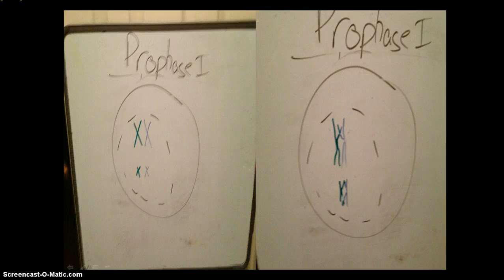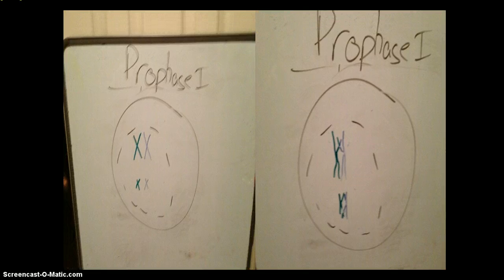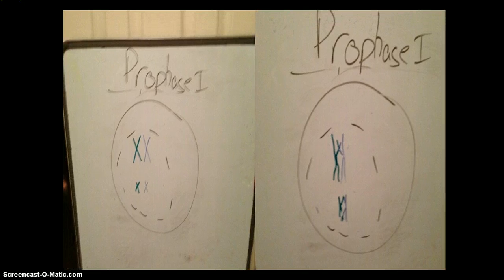Now, this is where meiosis comes in. And I have set this up so that you can see each possible way for each step to go at the same time. So let me explain.